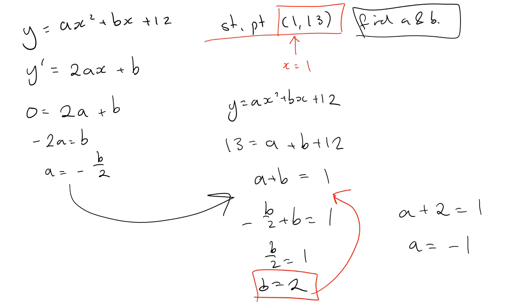So the values of a and b are negative 1 and 2. So a is equal to negative 1 and b is 2. If we write the equation out in full, the equation of the curve is y equals negative x squared plus 2x plus 12.